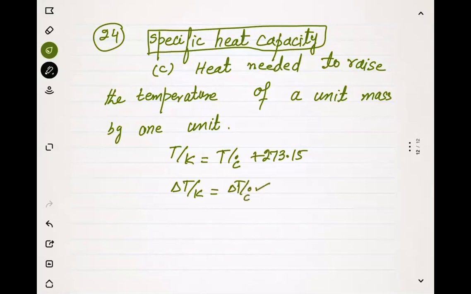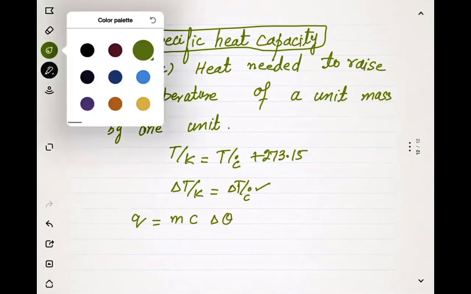So for change of temperature we have the same units. For temperature we have a different formula, and for change of temperature the formula is the same. A very famous formula from your O level was Q is equal to mc delta theta.